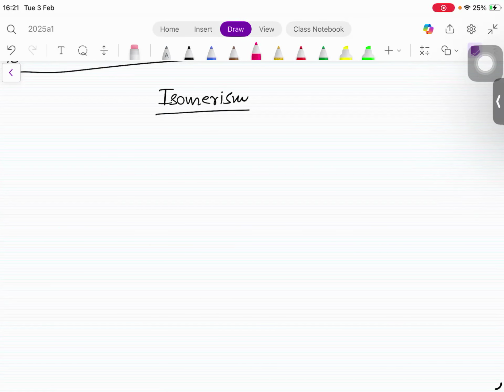So please pay attention now. We have a bit of it in O-level. It was just kind of an introduction. Over here, we have a detailed topic in which we'll see all the different types of isomerism, right? So please write down, there are two main types of isomerism.